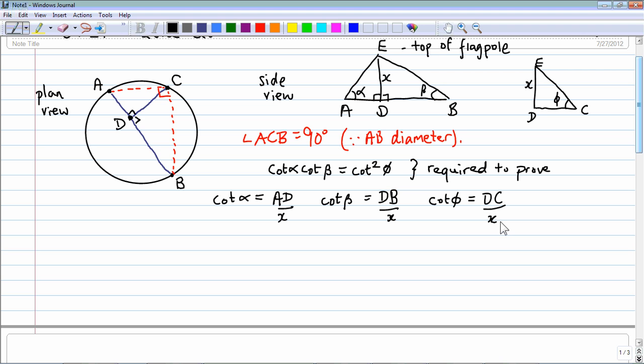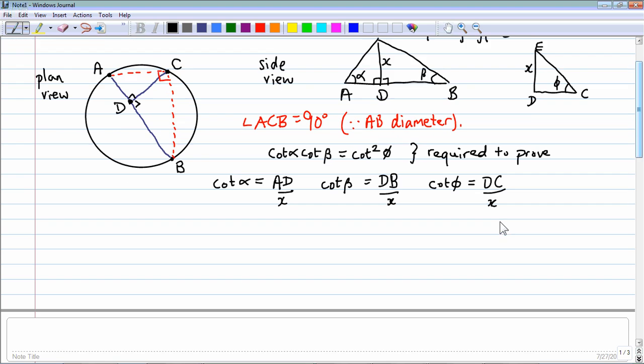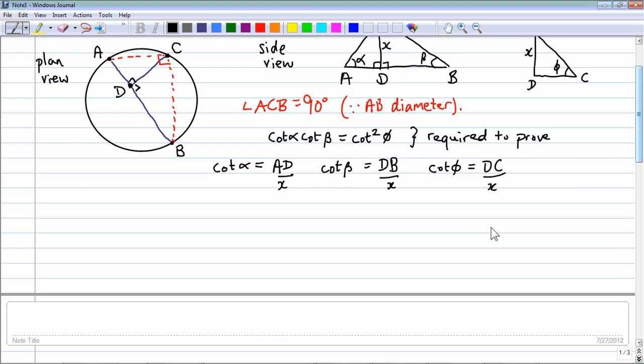Now we know that AD plus DB is AB. And we can use the right angle triangle ACB to construct this equation. AD plus DB squared, being the hypotenuse of that triangle, is equal to AC squared plus CB squared.